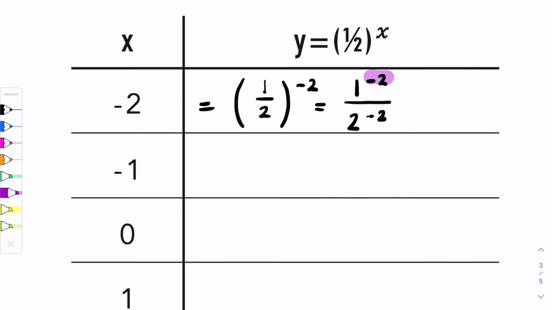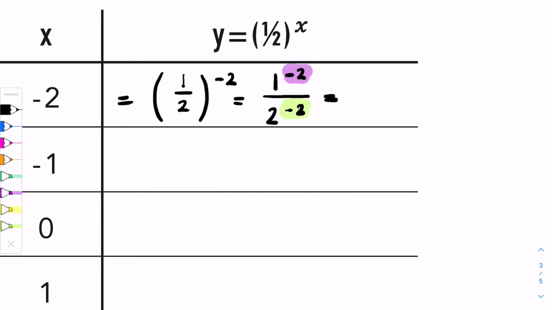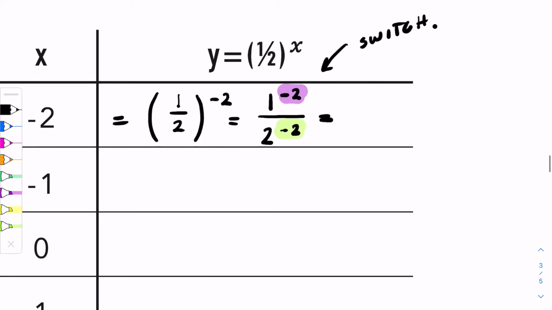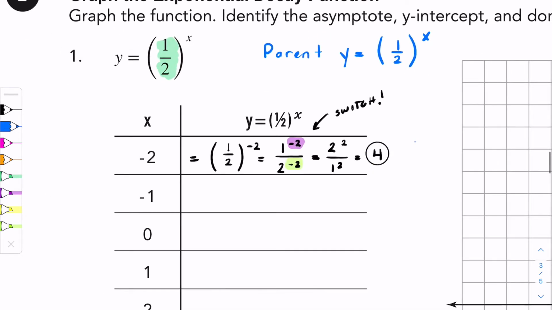Because we have a negative exponent in the numerator, we can replace that with a positive exponent in the denominator, and our negative exponent in the denominator will be replaced with a positive exponent in the numerator. So essentially, you're switching. This becomes 2 squared in your numerator divided by 1 squared in your denominator, which is 4 over 1, or just 4. So we can plot a point at -2, 4.